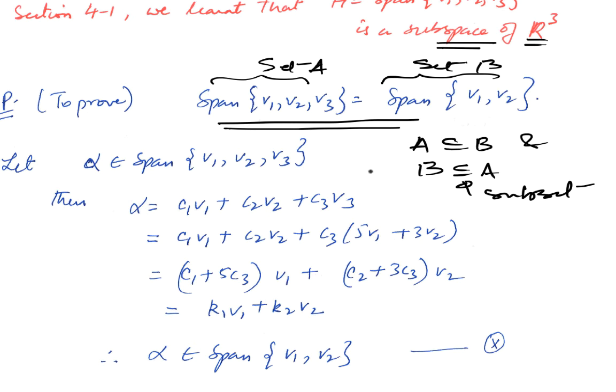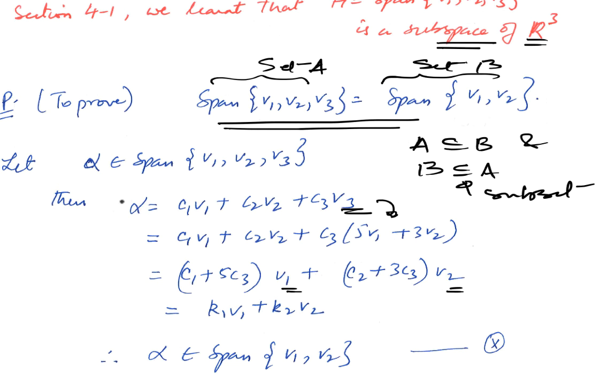So first, if I have A is a subset of B, that means if I pick any element in A, it will be an element of B. Go ahead, let's write that. So alpha is an element of span{v1, v2, v3}. That means I can write it as a linear combination of these three vectors, c1 v1 plus c2 v2 plus c3 v3. We're replacing v3 by this relationship we are given.